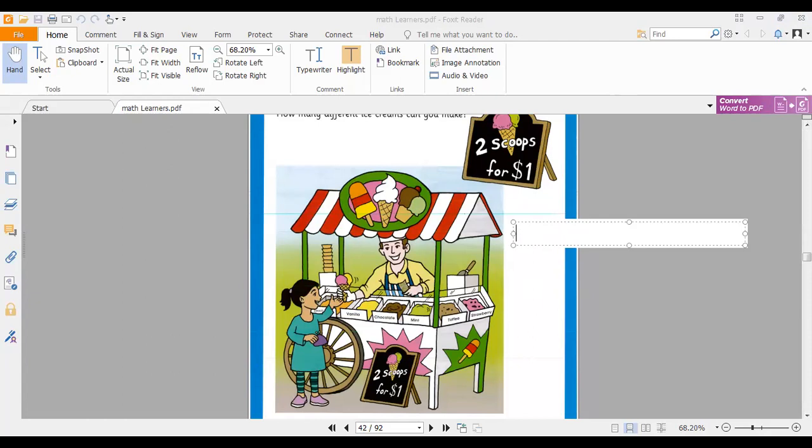I will write P plus V. P for peach and V for vanilla. She can buy these first 2 scoops from the shopkeeper: peach and vanilla.